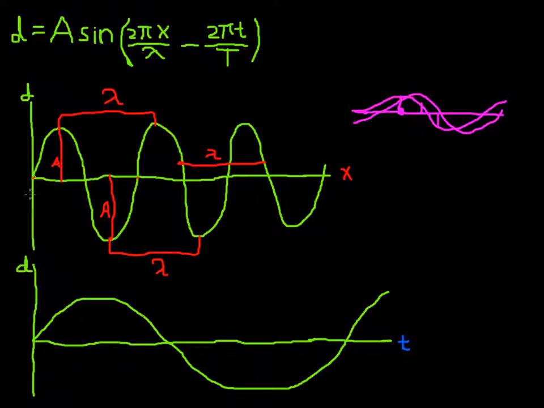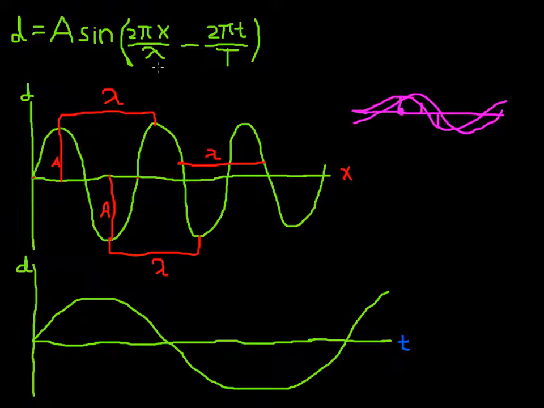A normal sine wave will have a wavelength of 2 pi, if you remember from our video on trigonometry. It's going to repeat itself after 2 pi, and that would mean that this would just be a sine x, which we had already said has a wavelength of 2 pi, right?